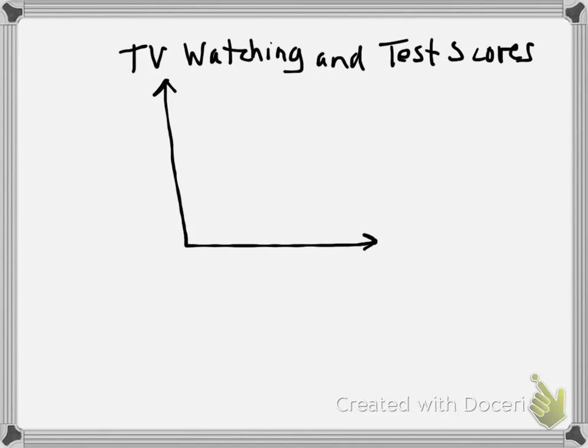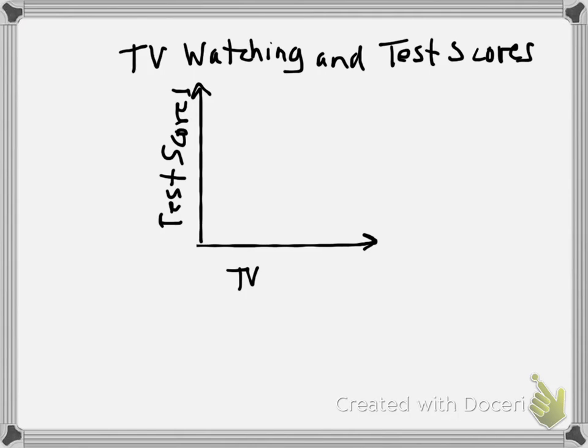Now, does that mean we're never going to create anything? No, we're always going to create stuff. Sorry, that is probably the worst straight line ever. That looks a little better. Okay, so on this side, we're going to have test scores. And on the bottom is going to be TV watching. And in parentheses, I'm going to give you how the TV was watched and what the numbers represent.